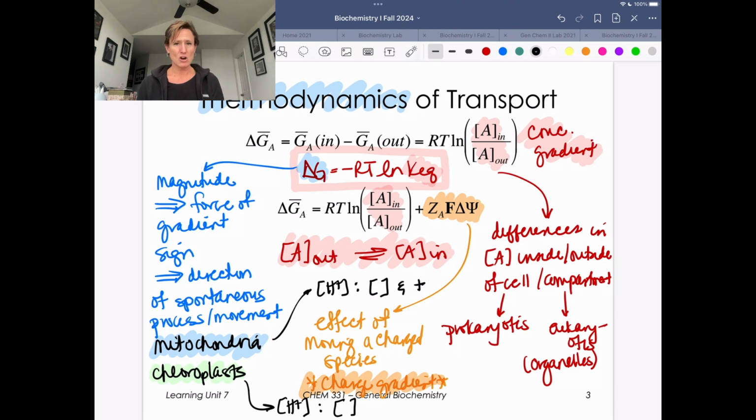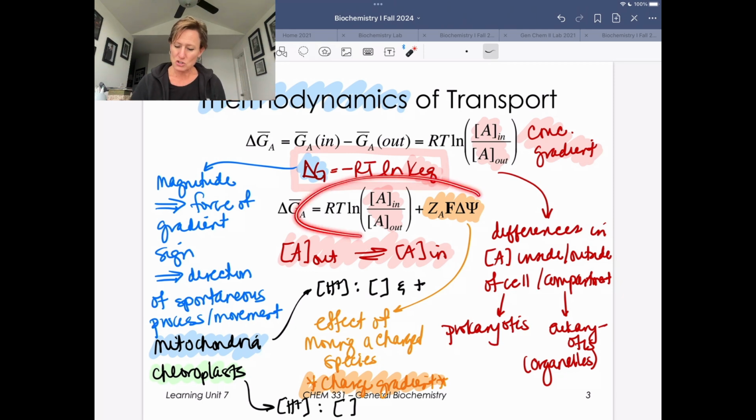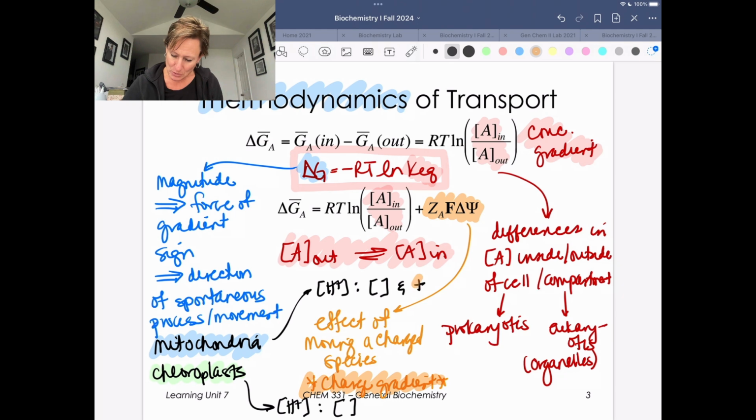You cannot build up a charge gradient in chloroplasts the way that you do in mitochondria. So that means the magnitude for mitochondria can be bigger because you have both charge and concentration contributions. Let's put some color in here: the charge contribution plus the concentration contribution, and then for chloroplasts, it's only the concentration contribution.